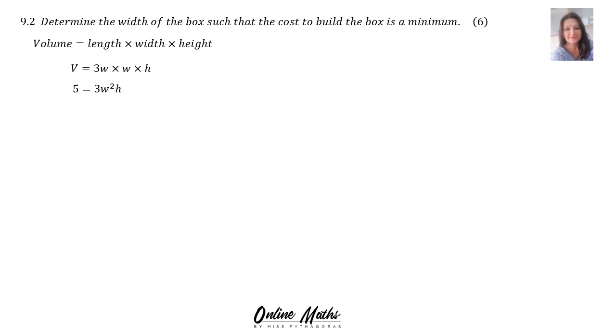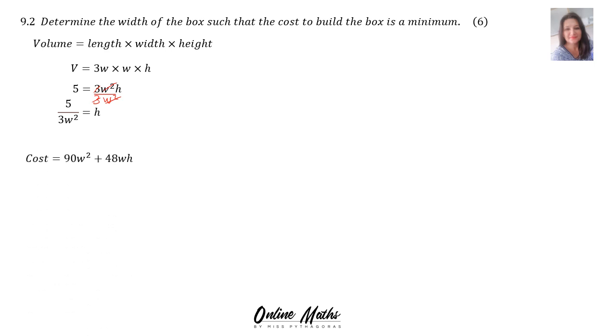The volume was 5. And now we're going to make H the subject of the formula by dividing both sides by 3W squared. So if I divide it on this side, it will cancel out, and then I divide it on the left-hand side as well.